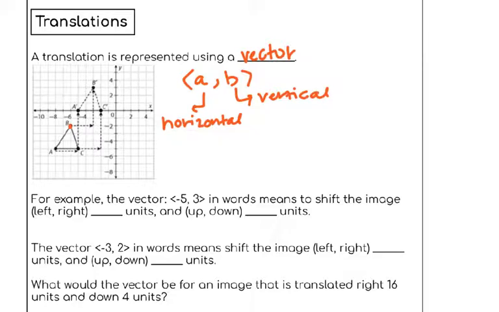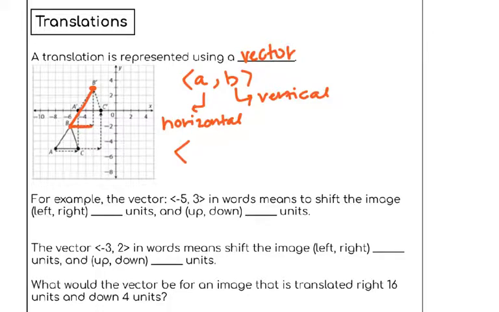And we're going to see how do we go from B to B prime, which is your image. So B to B prime, let's see. What is our horizontal change? Our horizontal change is 1, 2, 3 units to the right.